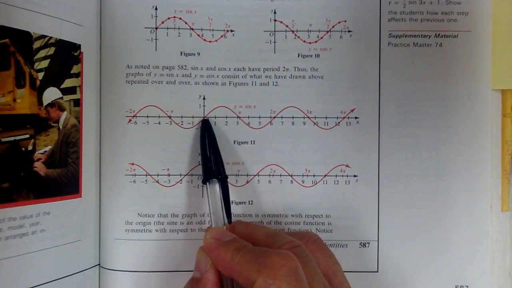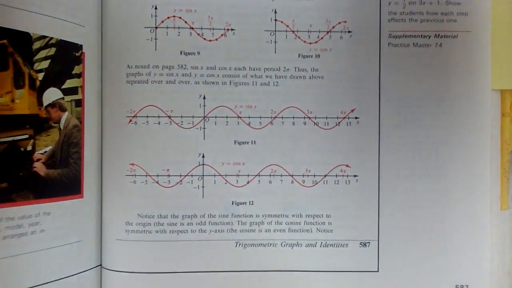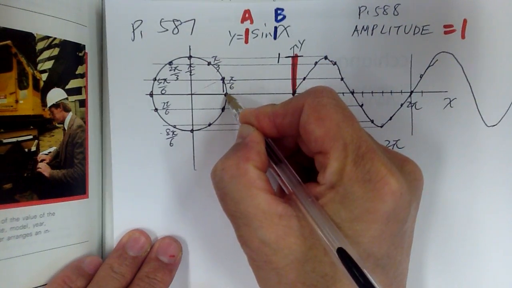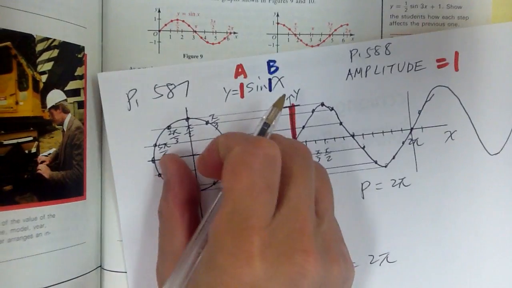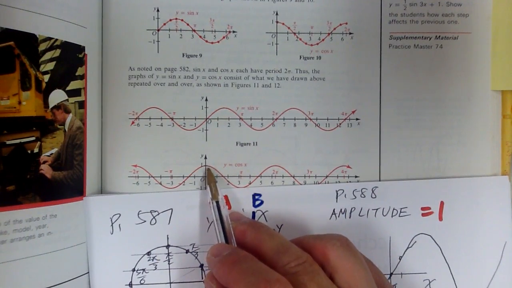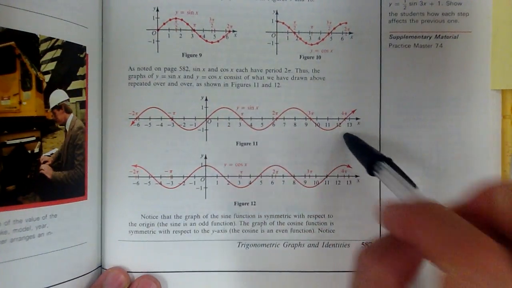Notice it starts at 0, but for cosine, it starts at 1, because at angle equal to 0, cosine equals 1. So you need to memorize these two graphs.